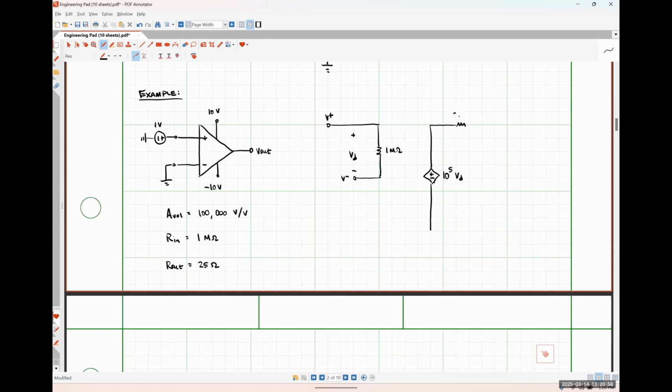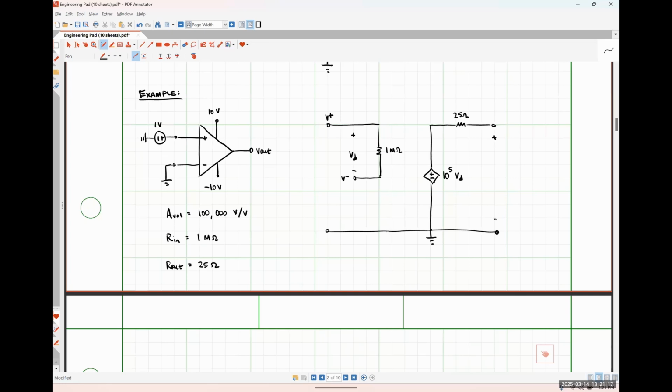Then I've got my output resistance of 25 ohms, and here's my common ground bus.